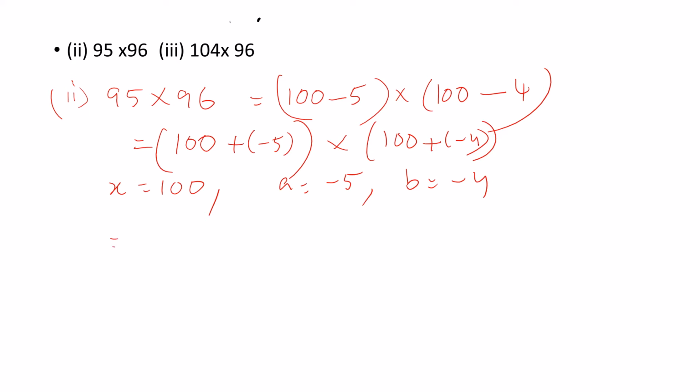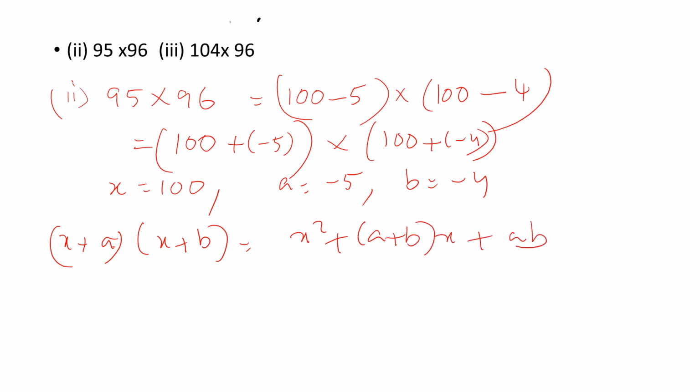Now, when you write the identity, (x plus a) into (x plus b) is equal to x square plus (a plus b) into x plus ab. And what is x? 100. So 100 square. A plus b is minus 5 plus minus 4 into 100, plus a into b.